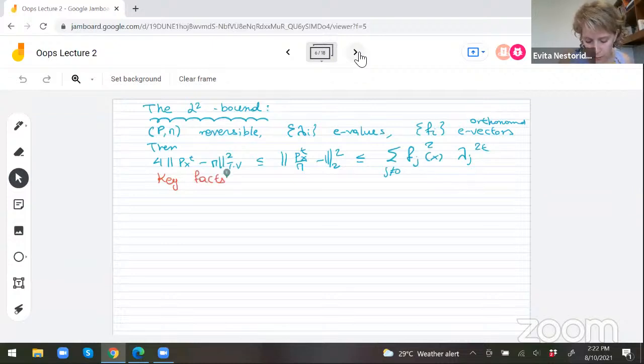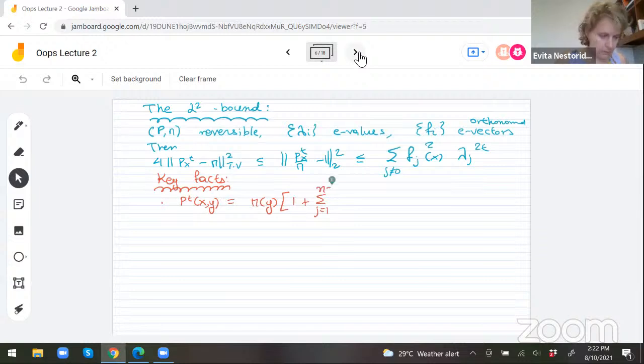The key facts that this proof uses, and again, you can search for the proof in Levin, Peres, Wilmer, is that when we diagonalize and use reversibility, we have this very nice expression that the xy entry of P to the t is given in terms of the stationary measure and the eigenfunctions and the eigenvalues.